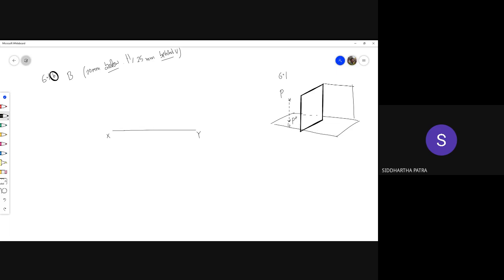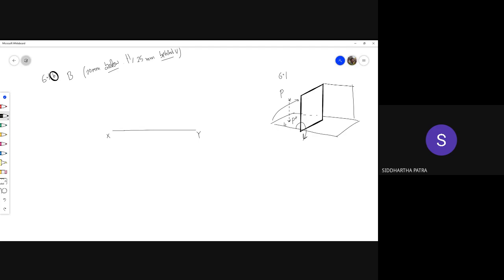So this is the projection on the horizontal plane, and that projection, when you rotate the horizontal plane to make it align with the vertical plane, unlike the earlier example, the p double prime point doesn't go below the xy line. Okay, so this portion of the horizontal plane, what would happen to it? It would actually merge with the vertical plane.